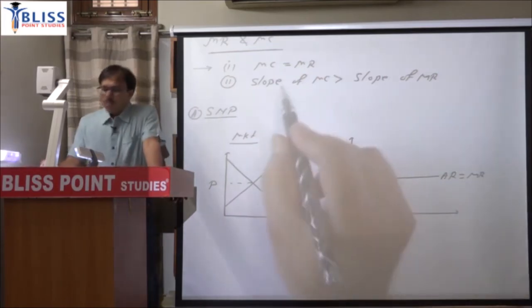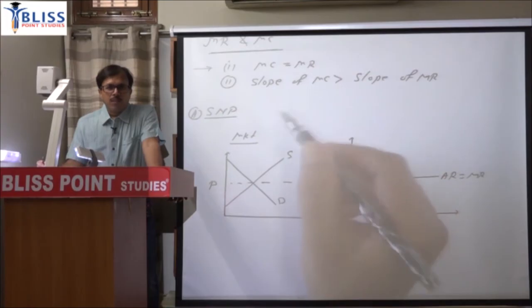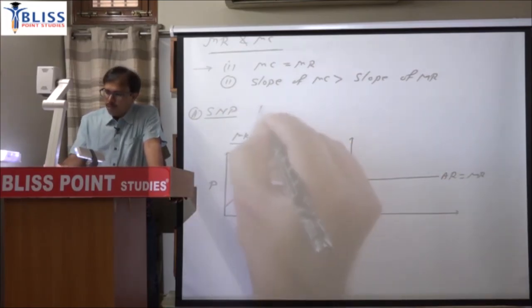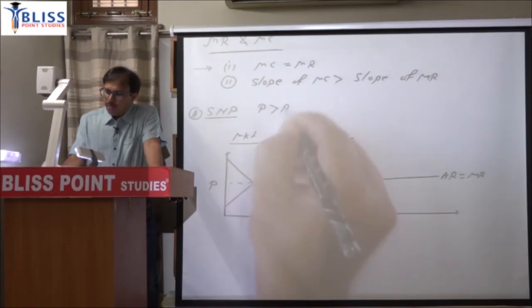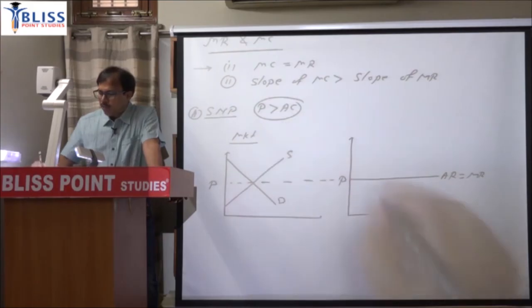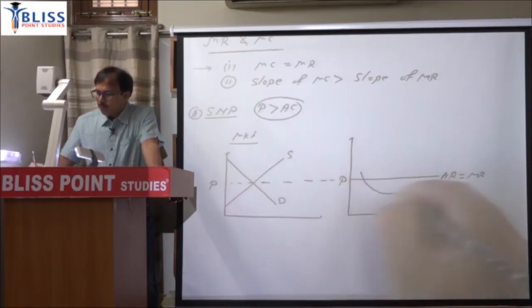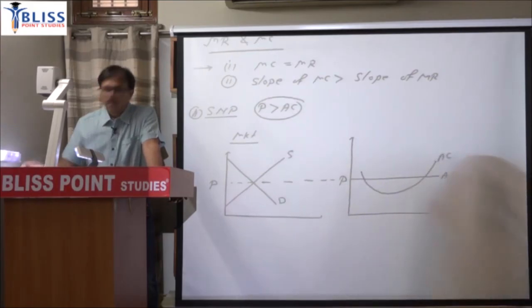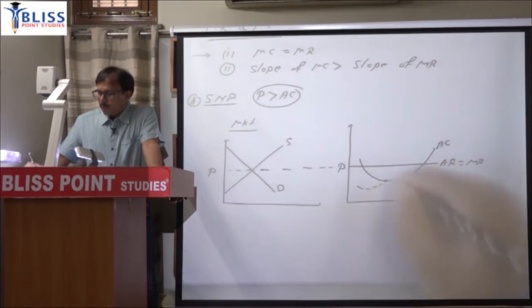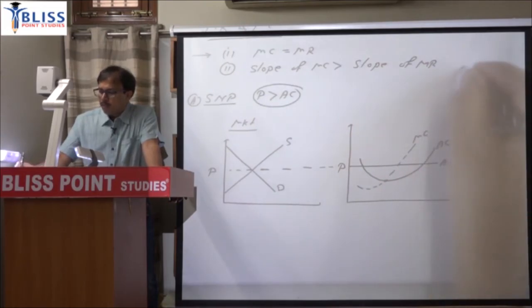Now in this case you have to draw average variable cost or average cost. If you are showing supernormal profit, remember price will be greater than average cost. So you have drawn the price line already, and the average cost line will be below it. Marginal cost will always cut average cost at the minimum point. So graphically the marginal cost line is cutting average cost at the minimum point.